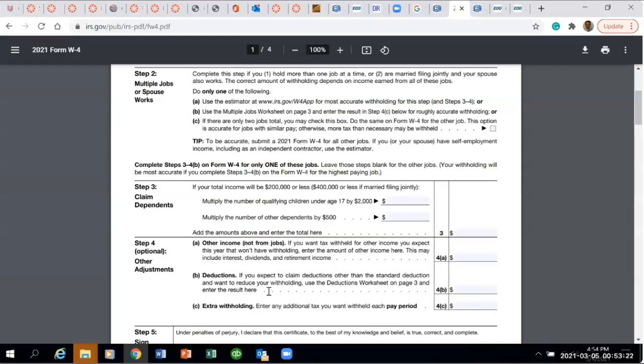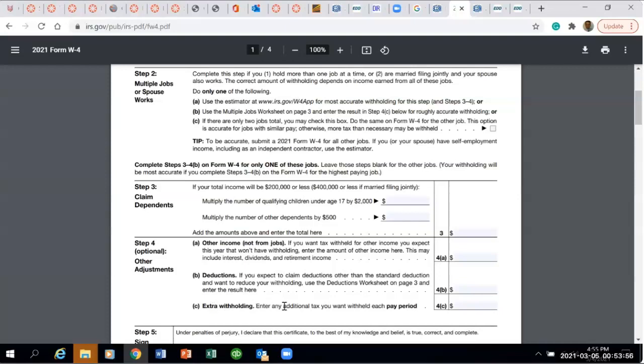So you go to this worksheet and you might figure out that because your itemized deduction in your personal tax return might be a little bit more than standard deduction, it's better to reduce a few dollars from your income for the calculation. But in general, it's a very good idea not to deduct anything, even if you do itemized deduction. So I suggest always do nothing on this part.